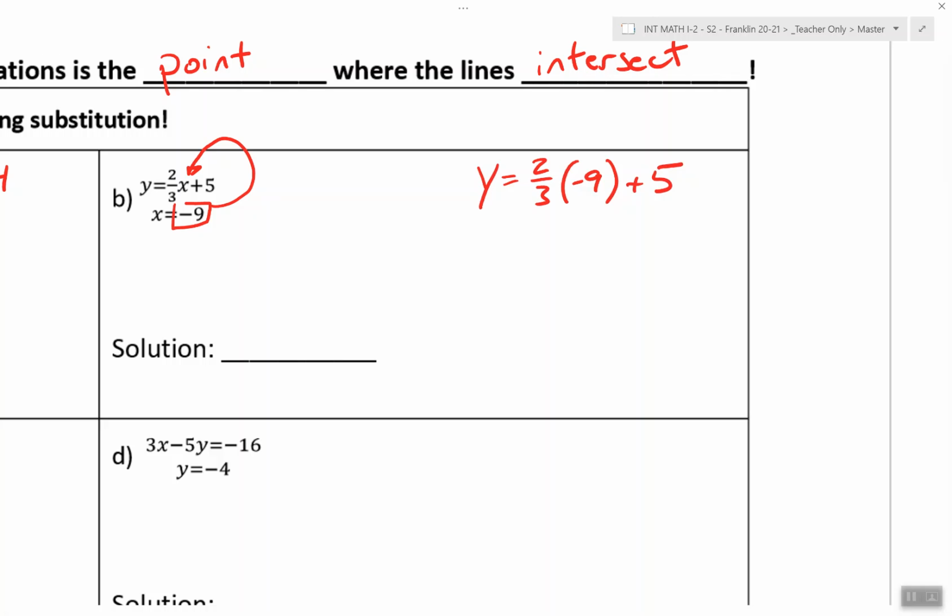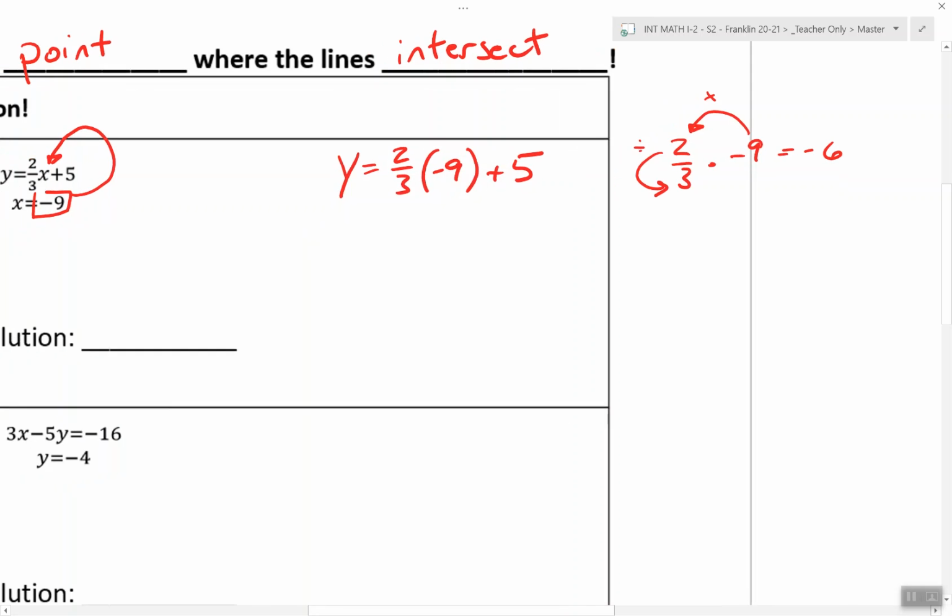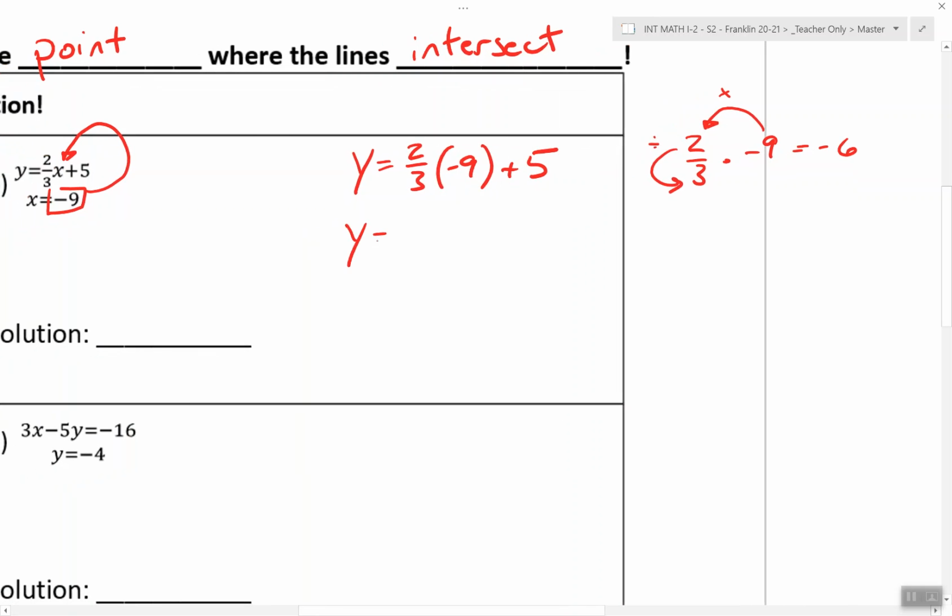So we have to do a little bit of figuring here, whatever 2/3 times negative 9 is. So remember, when you have a fraction times a whole number, we're just going to multiply by the top and then divide by the bottom. So we get negative 18 divided by 3, and that is negative 6. So y equals negative 6 plus 5, which is negative 1.